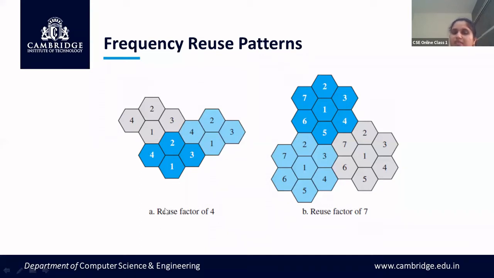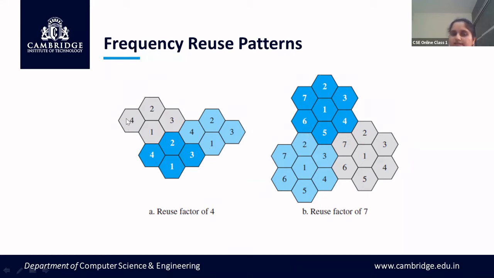You say the reuse factor is 4 if and only if there is one adjacent cell between the frequencies. For example, here you assume 7, and we are trying to find the reuse factor of 7. So 7 is separated by 2 cells here, right?